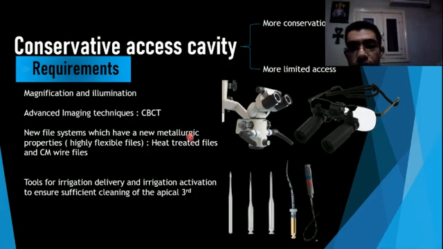Also, using the new file systems with the new metallurgic properties, the highly flexible files like the heat-treated files or CM wire files, will be good when performing this type of access cavity, because this access cavity is more limited, so we will have more stresses on our instruments.